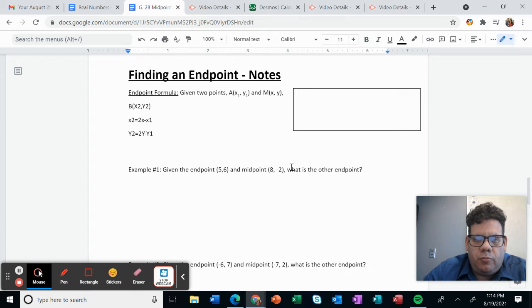All right, so if we have this coordinate for the endpoint, this one right here, remember the midpoint is x and y.